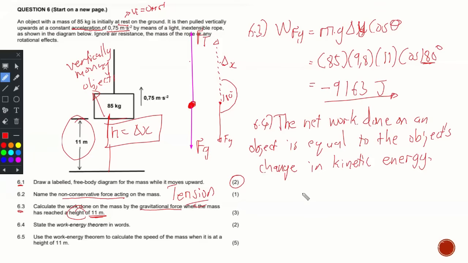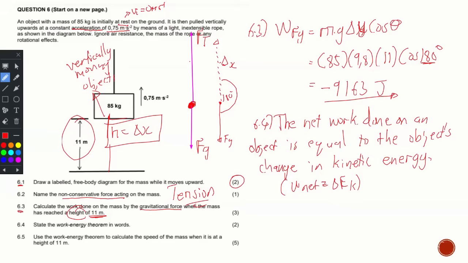So that's it. Following our formula, W net is equal to change in EK. So the net work done on an object is equal to the object's change in kinetic energy. And that's how you remember that definition there.